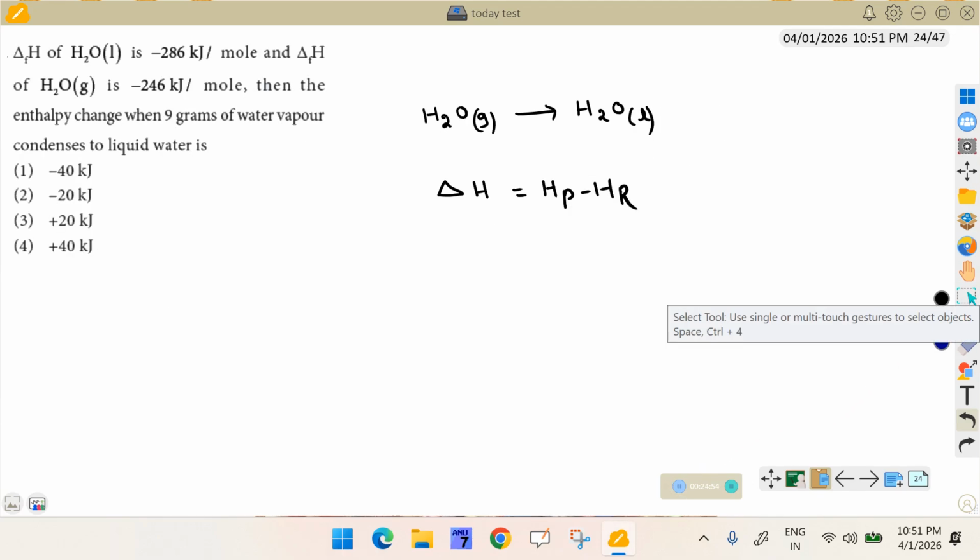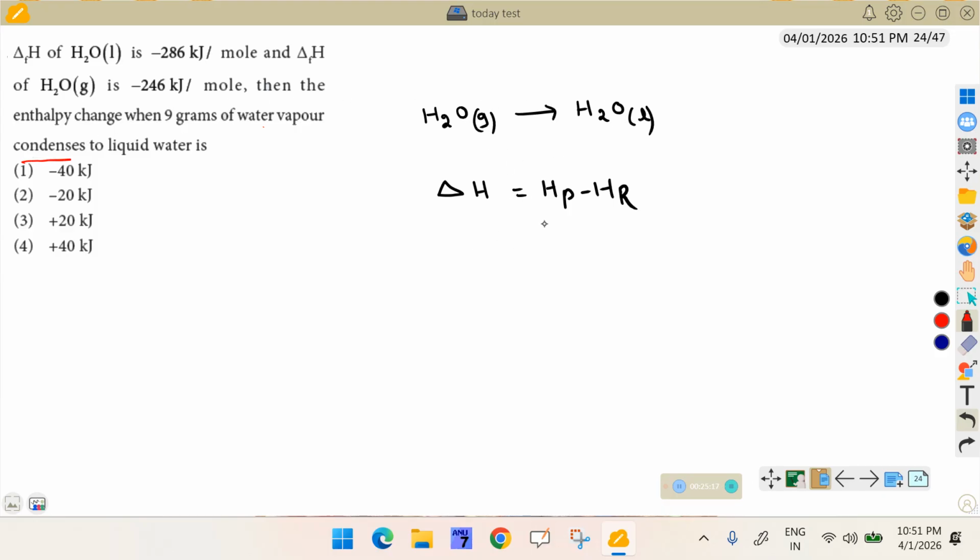Heat of formation of H2O liquid is minus 286 kilojoule per mole and heat of formation of H2O gas is minus 246 kilojoule per mole. Then the enthalpy change when 9 grams of water vapor condenses to liquid water. So H2O gas is converted to H2O liquid.